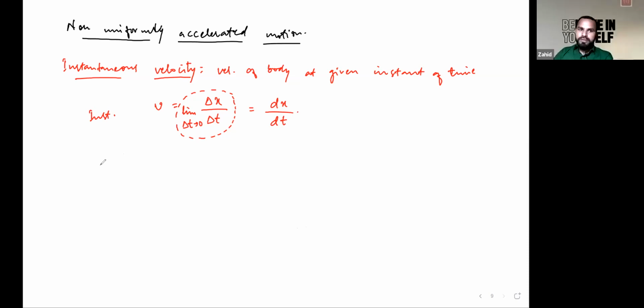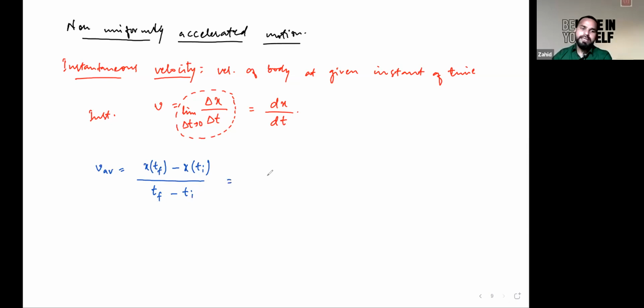Similarly, if you have to calculate average velocity, it will be x at t final minus x at t initial, divided by t final minus t initial. x is nothing but position or displacement. So average velocity is net displacement by time taken, so it will be x2 minus x1 by t2 minus t1.